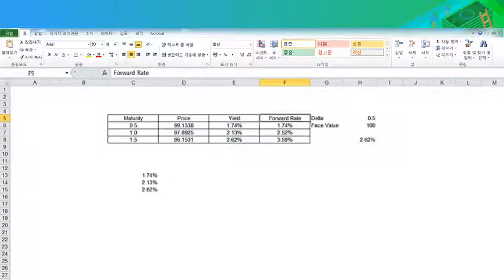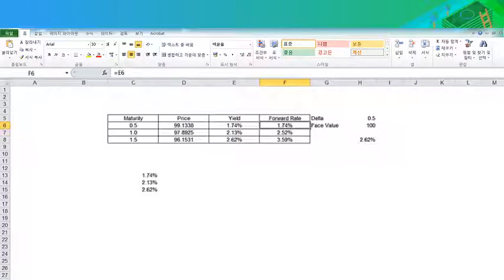Next, let's think of the forward rate. What is forward rate? Here, forward rate means the interest rate between two future dates, and we determine that forward rate today.